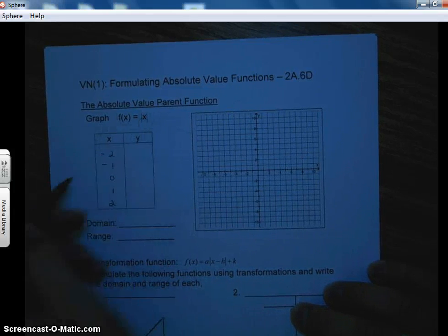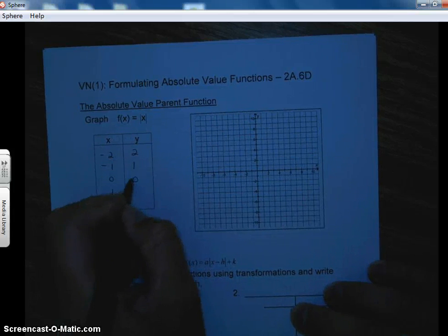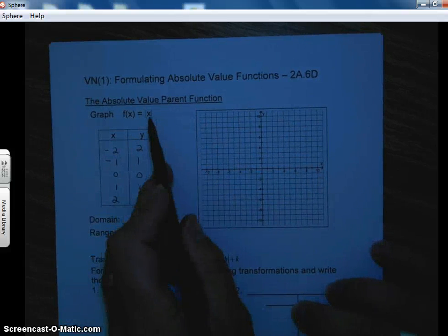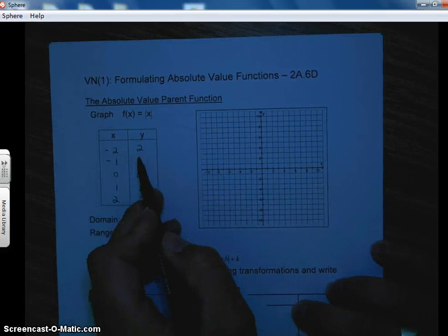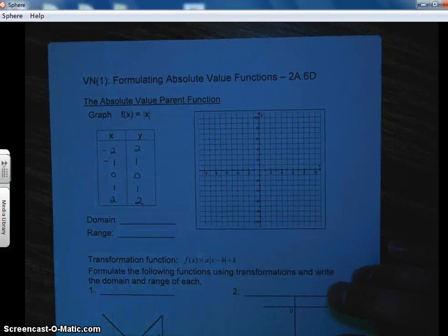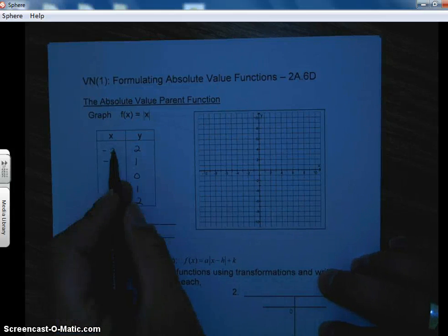Plugging these into the function. Okay? Remember, the absolute value is the distance a number is from 0. So -2 is 2 units from 0. So let's go ahead and graph it.